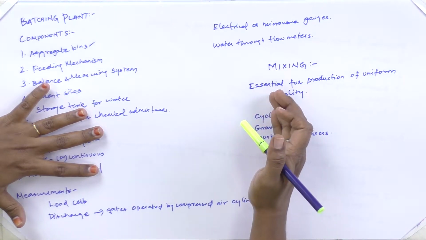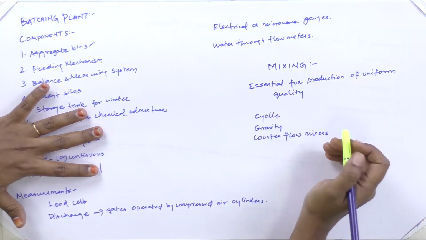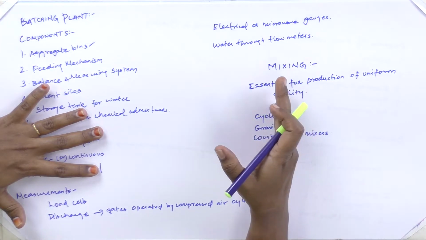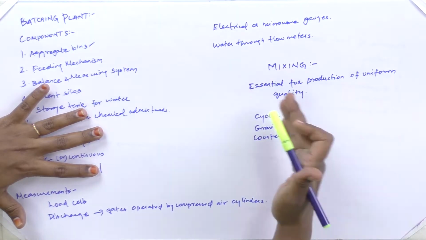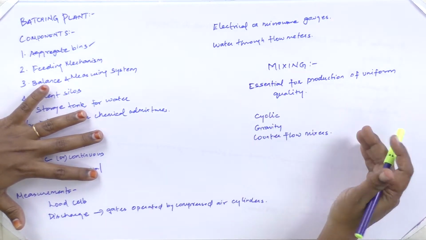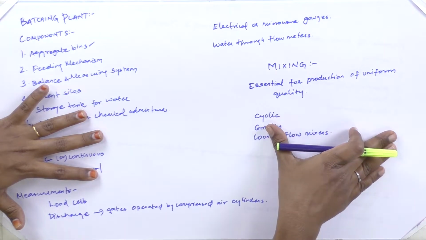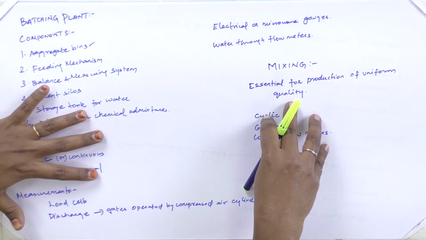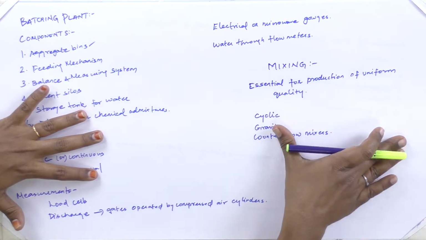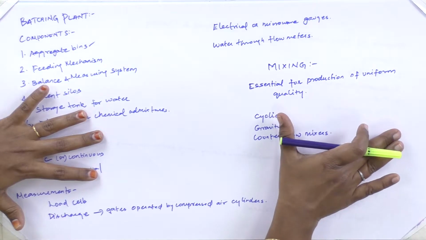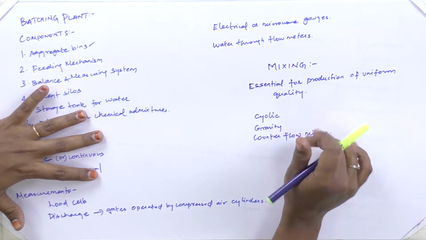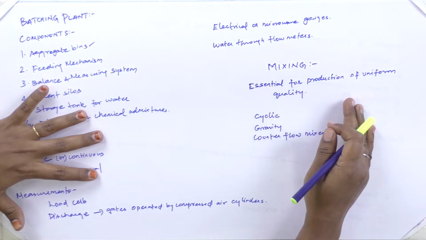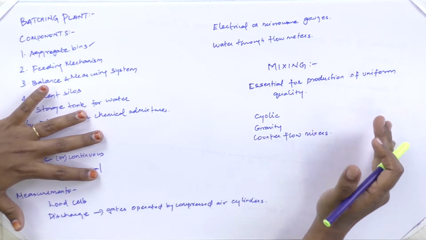For a batch of concrete to be made, starting from first to last, my mixing quality should be the same to produce concrete of desired property. That is, if I take a sample from the first batch and at the last batch, I should get the same slump value, so that I can ensure that my mixing process is the same throughout the entire period.